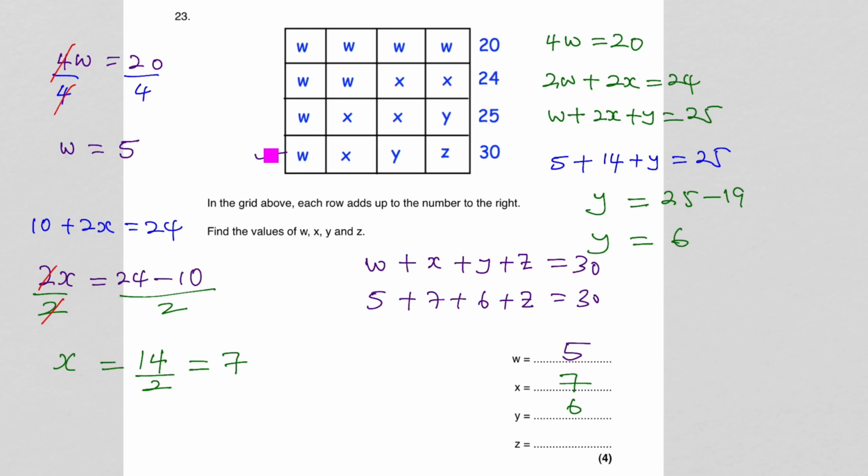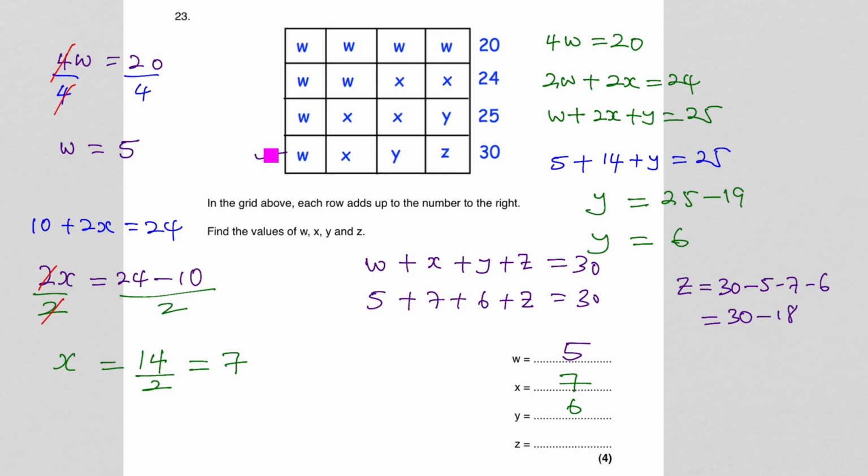So z will become 30 minus 5 minus 7 minus 6. 5 minus 7 is minus 12, and minus 12 minus 6 is minus 18. So that's 30 minus 18.